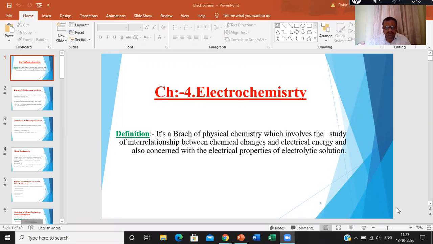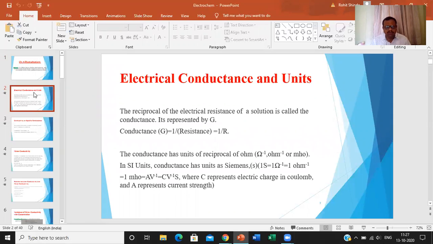So in this chapter, mainly we'll be studying the electrical properties of electrolytic solutions. Next slide. The next point is electrical conductance and the units that are used in electrochemistry.